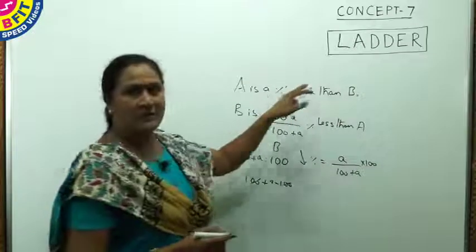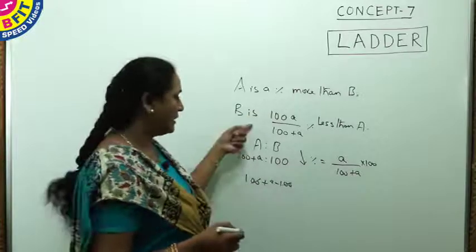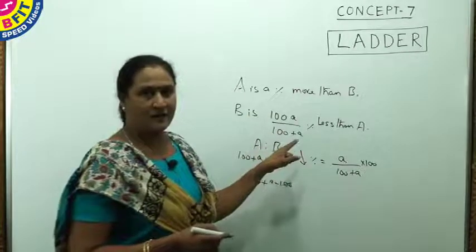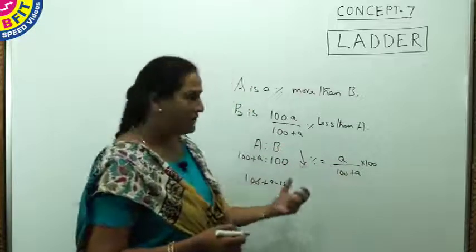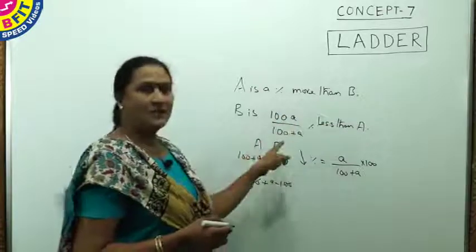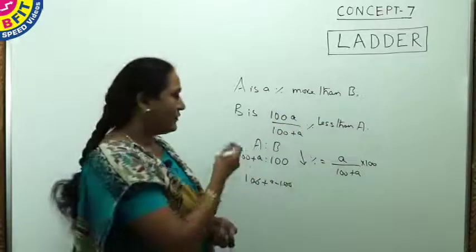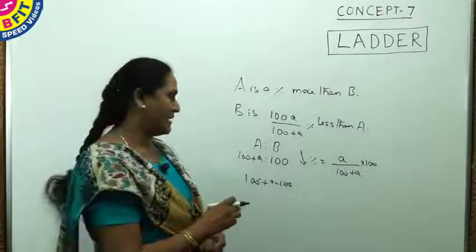Whenever increased percentage is given and decreased percentage is asked, it will be 100A by 100 plus A, that is 100 into A by 100 plus A. With this we can find by what percent the second value is lesser than the first value. So we'll see where all these concepts are applicable in our exam.